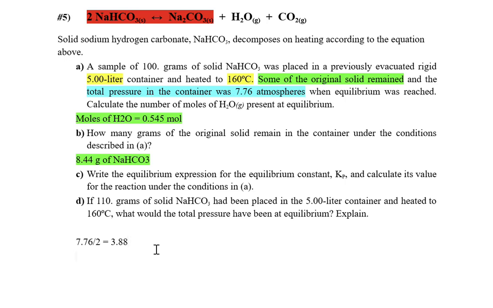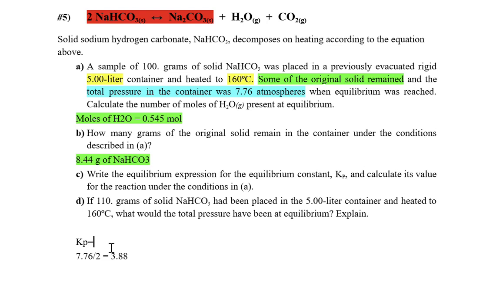So, I'm going to make some space right here. Kp. Oh, this is really sad. I hate the way this formats. I don't know how to write superscript. It's okay, though. Kp will equal the pressure of H2O times the pressure of CO2.